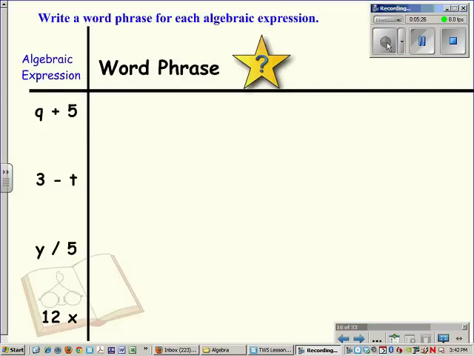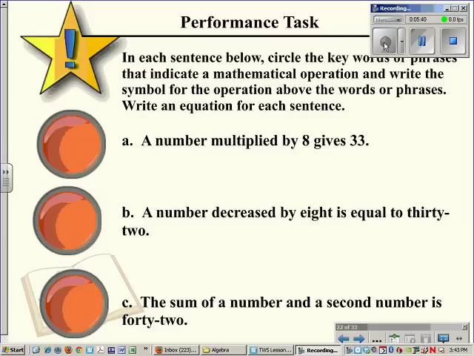Okay, and now we're going to reverse it. In this one, they give you the algebraic expression. I want you to come up with a word phrase to describe those 4 algebraic expressions. All right, and now we are going to flip over to some equations.